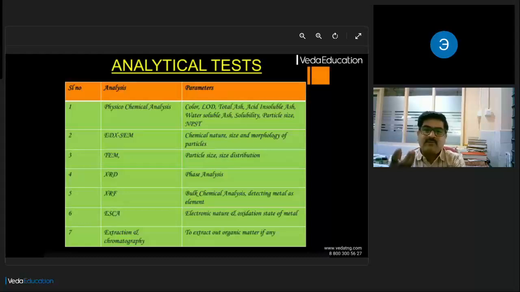Then different kinds of chromatography to identify the presence of herbal ingredients. So there are many sophisticated instrumental tests we are following in the pharmacies, and this is how we ensure the safety of the product.